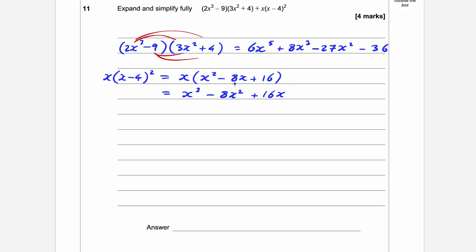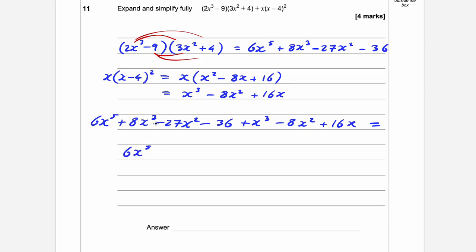Okay, now we need to add this and this. So this becomes, okay, I guess I have to write them all out. 6x to the 5 plus 8x cubed minus 27x squared minus 36 plus x cubed minus 8x squared plus 16x equals, there's only one term with x to the 5, that's my 6x to the 5.